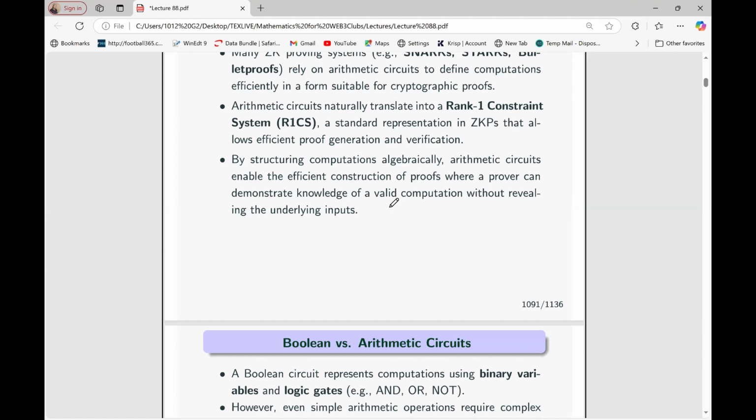So we have the verifier, we have the prover. So the verifier wants to know whether the prover understands, has knowledge of what he claims to have. So the prover would then use these arithmetic circuits to prove, just to demonstrate that he has the knowledge or she has the knowledge of what he claims or she claims to have.